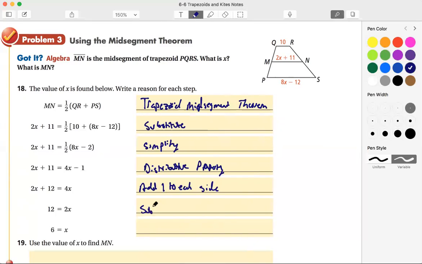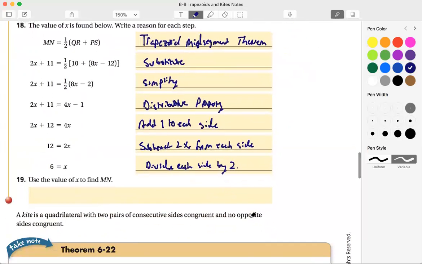Subtract 2x from each side. And then divide each side by 2. So MN equals 2x plus 11, which equals 2 times 6 plus 11, which equals 12 plus 11, which equals 23.